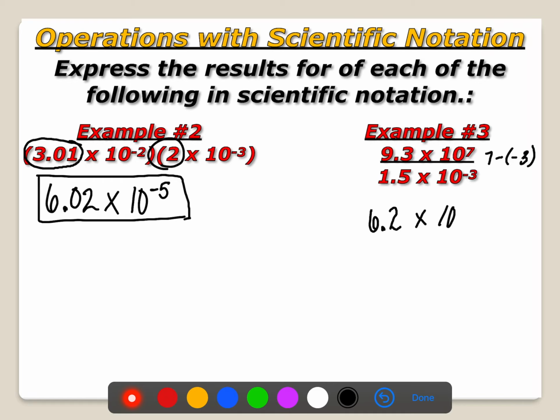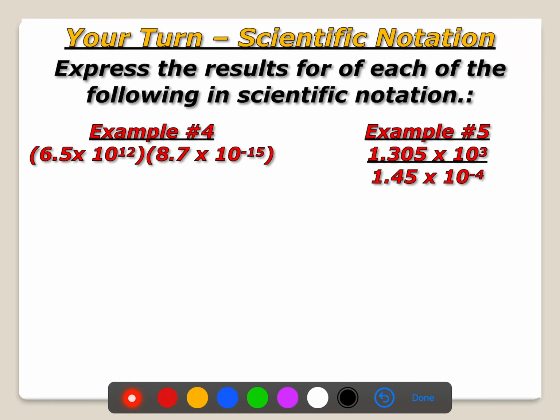Just watch your signs, because this becomes plus. Okay, let's see if we can't do one more, because we have not adjusted in the other direction.